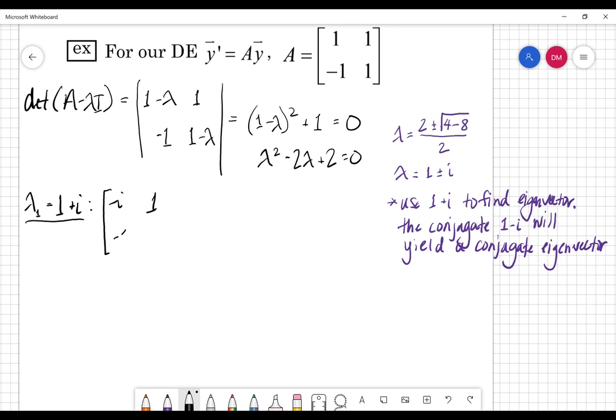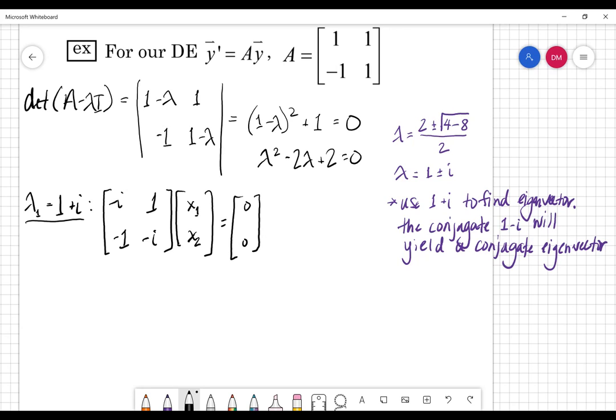These will remain the same. Again, 1 minus the quantity 1 plus i will give us negative i here. So there's my matrix. We are solving for x sub 1, x sub 2 to find our first eigenvector.